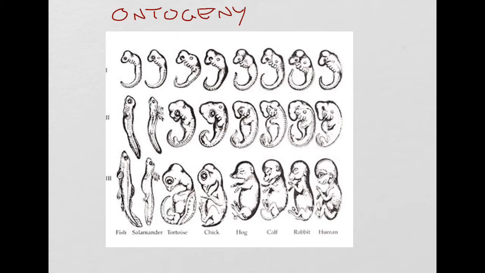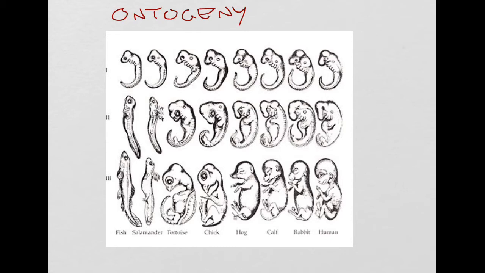And don't forget that one of the things we use evolution to explain is common ancestry. If you look at each of these initial organisms, these very early stage pre-fetal organisms, they look remarkably similar to one another.